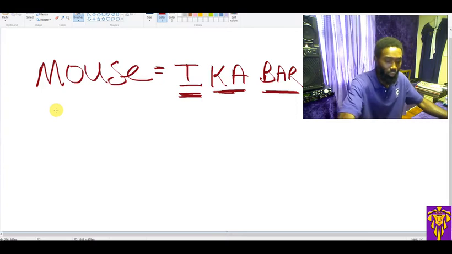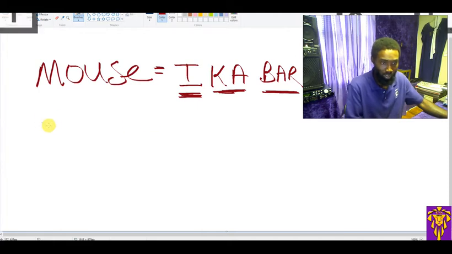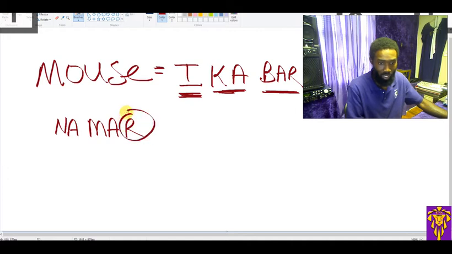Okay, so we already went over leopard, right? Before we get to mouse, let's back up. If you want to write leopard in the Hebrew, leopard is namar. Now, I didn't tell you guys that the R should be rolled. So leopard is really not namar, but if you have problems rolling the R, you can say it like that.